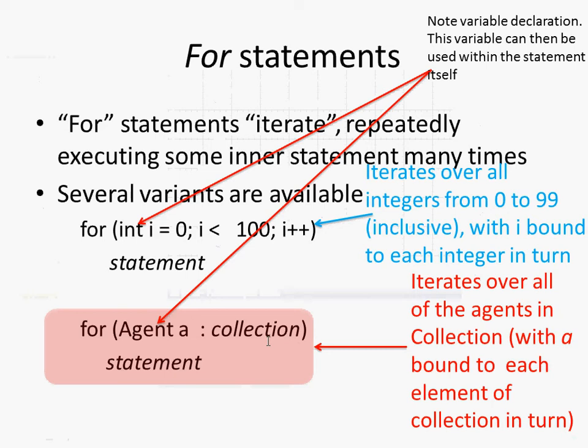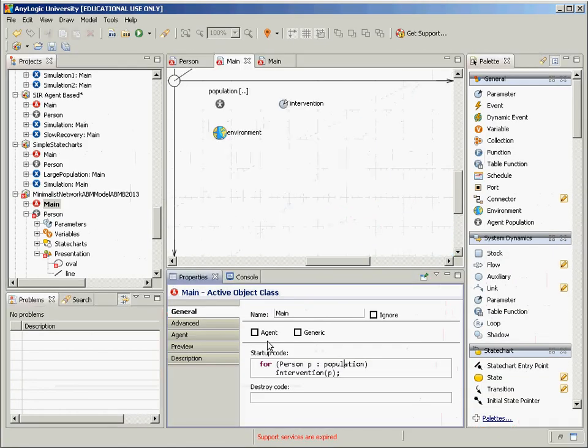Okay, so here we're looping over some collection. In this case, we're looping over a population. For each successive person in the population, we're calling that person P, and we're doing something with them. In case this is confusing, this could be P dot connect to population dot get 0.